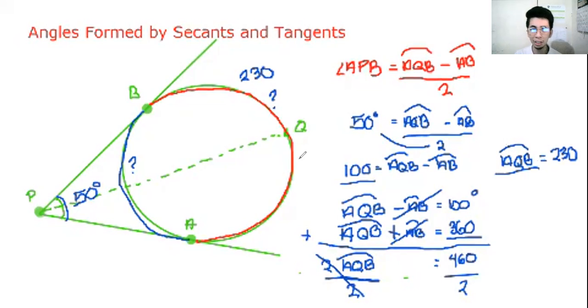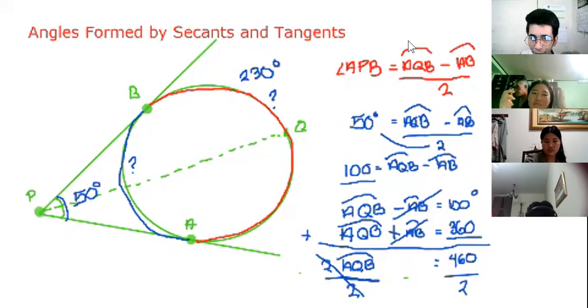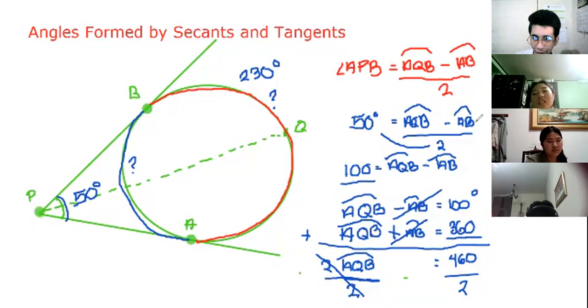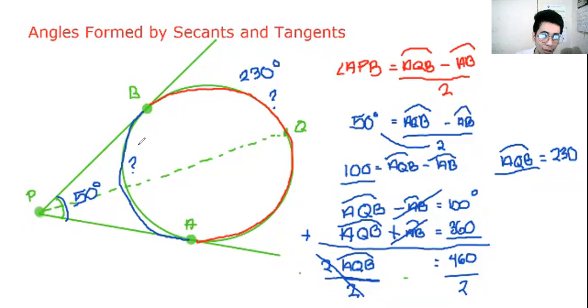So, kung 230 degrees ang AQB, what is the measure of arc AB? 130. Very good. Bakit naging 130? Minus sa 360. Okay. So, this will be 130.